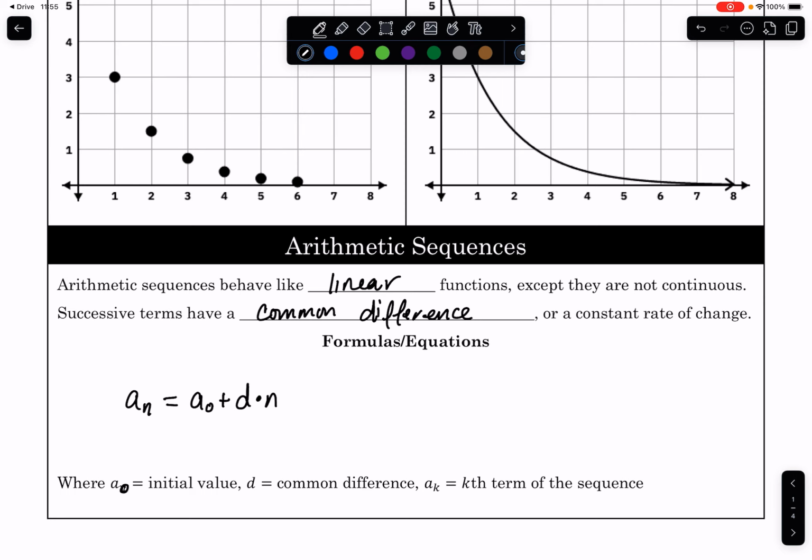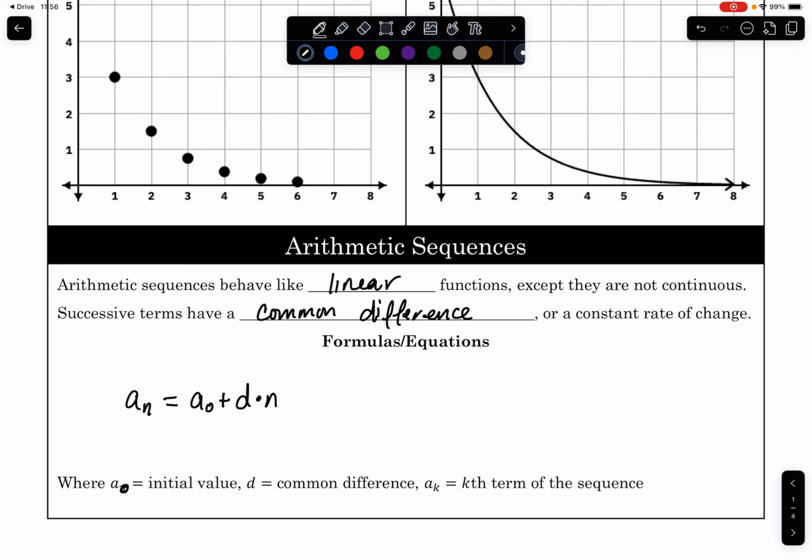Where a sub 0, fix this in your notes, that should be a 0 down there, is the initial value, which in terms of a function is your y-intercept. d is your common difference, which correlates back to the slope of the line. And a sub k is the kth term of the sequence.